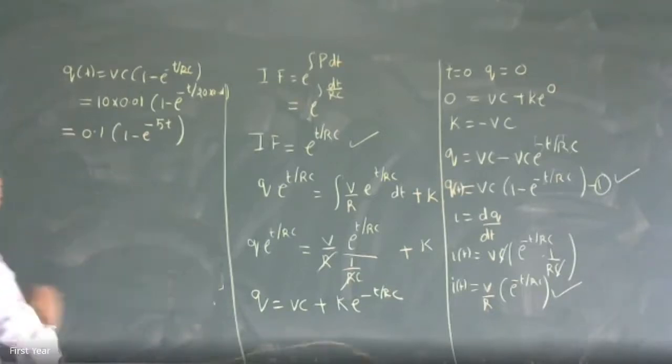This is the charge at any time t. That is the amount of charge which is flowing through the circuit at any time t. Okay, is it okay?